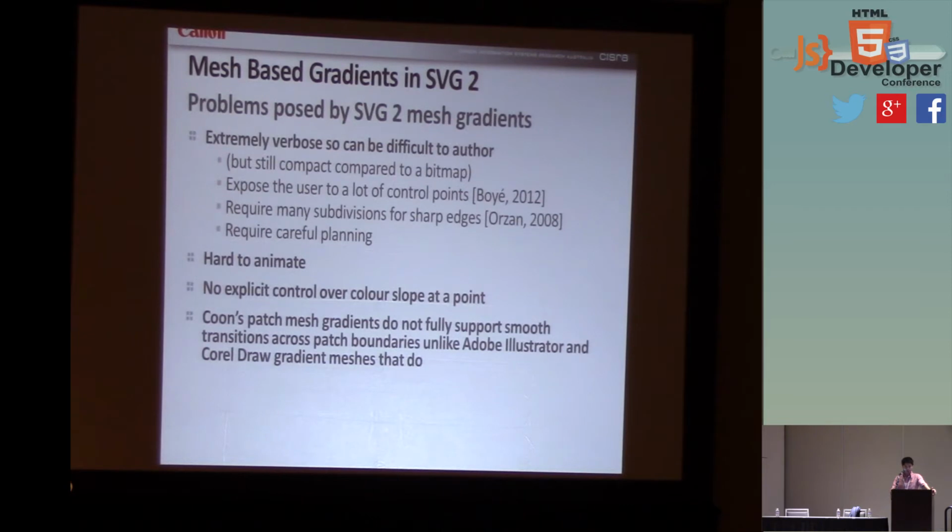The format used in SVG doesn't give you explicit control over the slope of the gradient; you need tensor product patch mesh gradients for that. But neither tensor product patch nor Coons patch mesh gradients allow for smooth transitions across boundaries. This means that there's not a one-to-one mapping between tools like Adobe Illustrator and Corel Draw and the SVG format, so the tools have to approximate the result by generating a lot of extra patches.